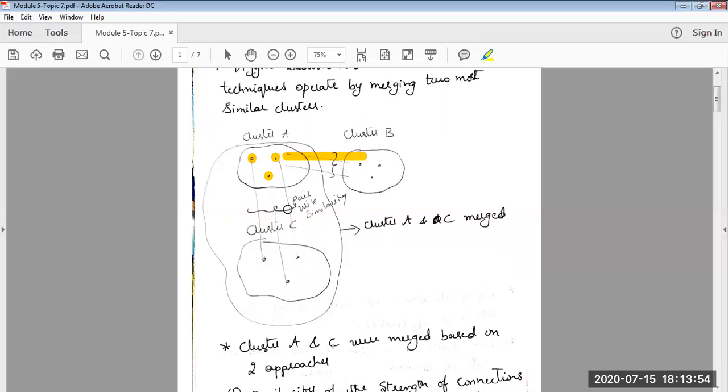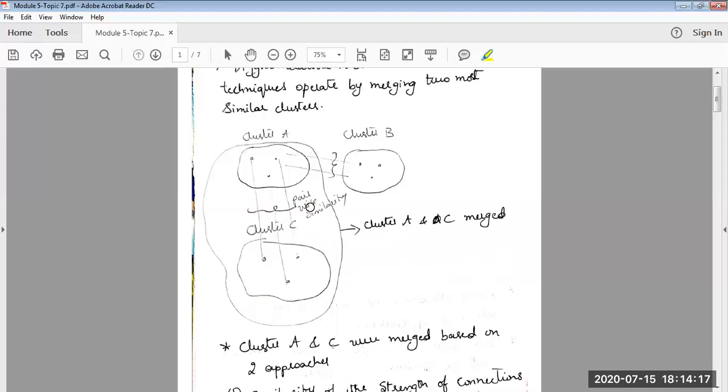Now, the two clusters which are very close to each other are the ones that will be chosen for merging. How will it be decided? The two clusters with lower pairwise value, pairwise similarity, will be the ones chosen for merger.